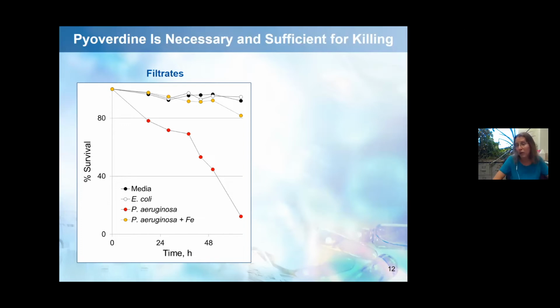Then we removed bacteria by centrifugation and subsequent filtration and exposed worms to that media. What we noticed is that if we prepare a filtrate from E. coli, then worms are alive, just the same as media control. If we prepare a filtrate from Pseudomonas aeruginosa, worms die within a couple of days.